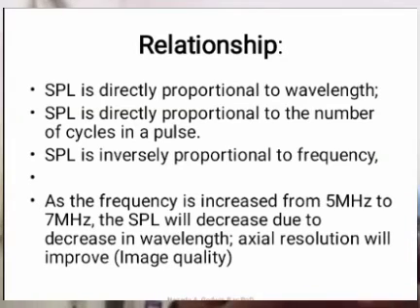So as the frequency is increased from 5 megahertz to 7 megahertz, the spatial pulse length will decrease due to a decrease in wavelength. So axial resolution will improve. So you have better image quality at higher frequency because the spatial pulse length is decreased.